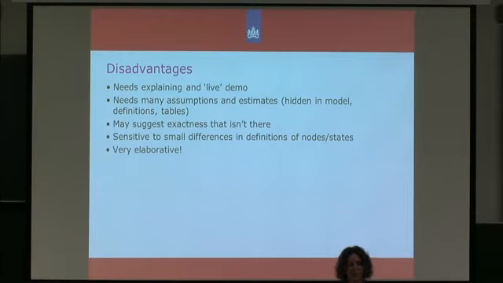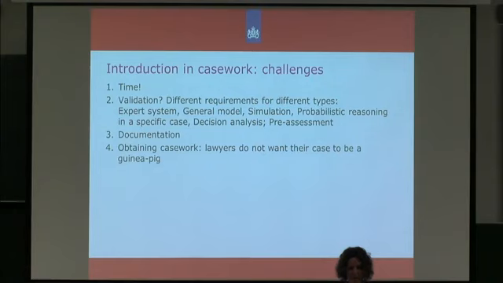It's quite sensitive to small differences in definitions of nodes and states, and it's quite elaborate to make one. So if you want to introduce it in casework, I think we don't want to present it in court. I think we want to use it as an expert for reasoning.